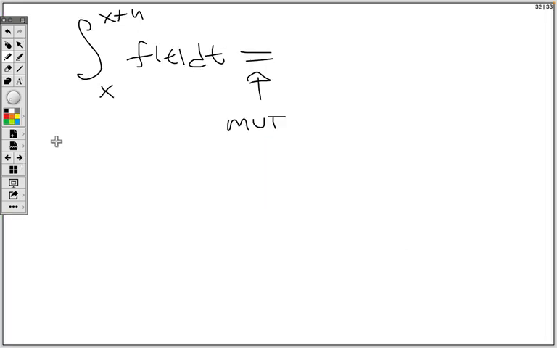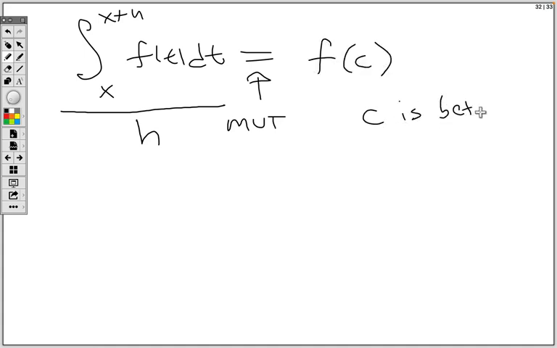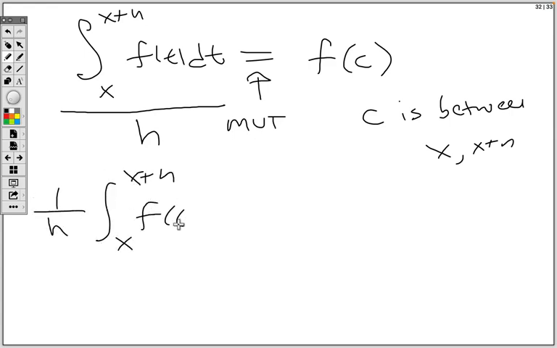If I divide this by h, then the mean value theorem for definite integrals says that this is the average value of f from x to x plus h. This is going to equal some little f of c, where c is between x and x plus h. So that's our mean value theorem for integrals. That's equal to f of c.